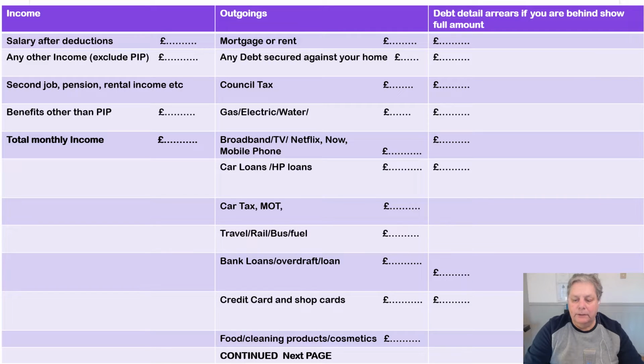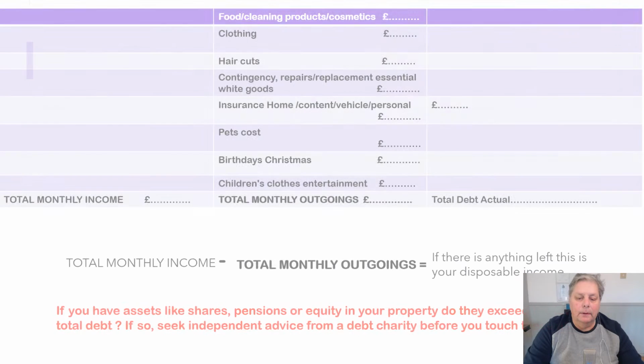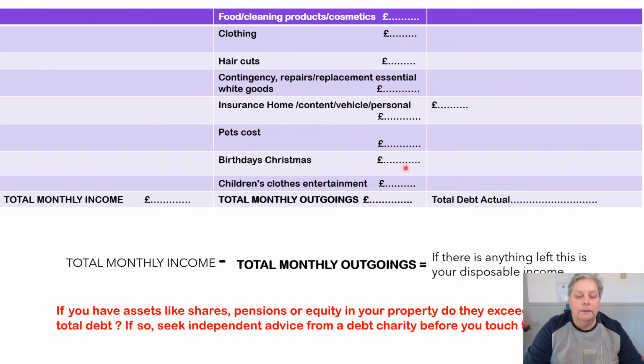And we're going to the next slide. This carries on. So we've got all the income column, and that's the total monthly income, and that's covering other issues such as clothing, haircuts, pet costs, birthdays and Christmas.